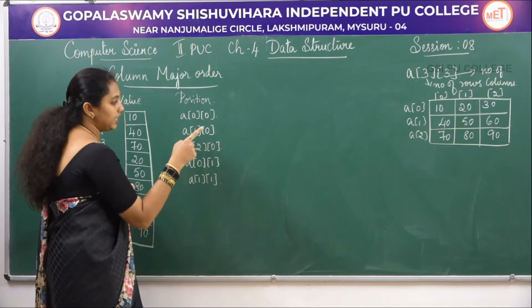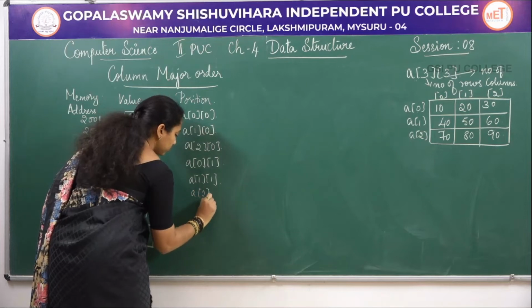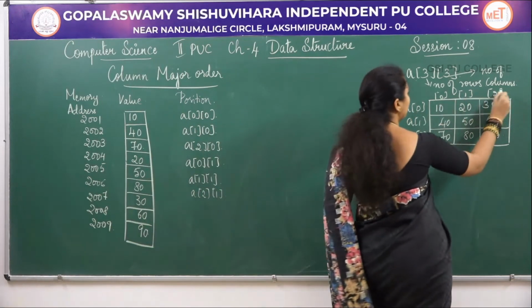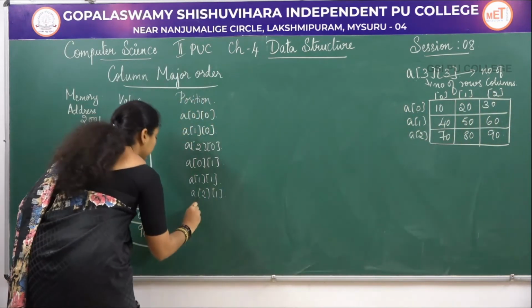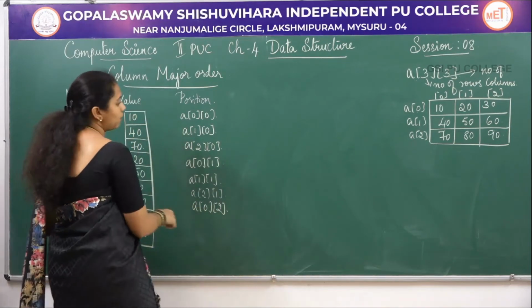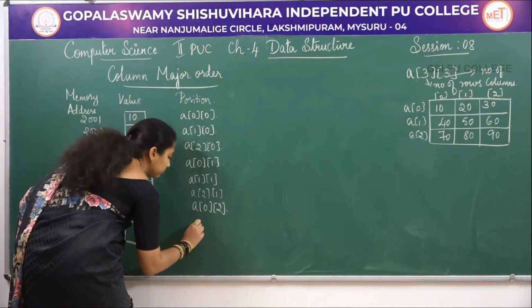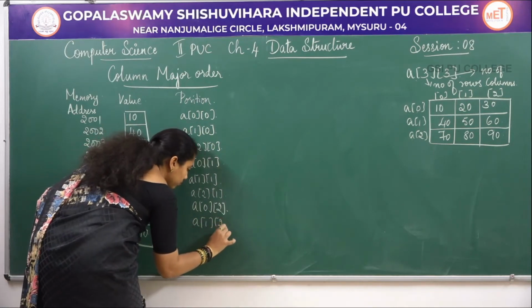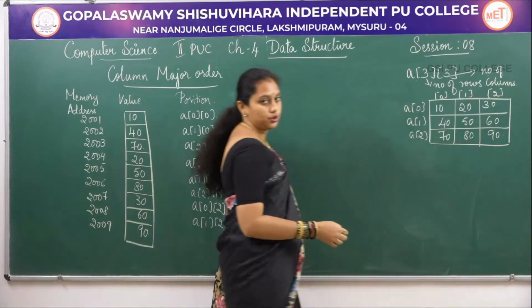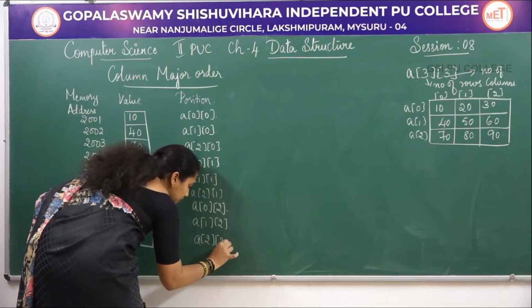The position of 80 is A of 2, 1. Position of 30 is A of 0, 2. Position of 60 is A of 1, 2. And position of 90 is A of 2, 2. So these are the positional values of the elements.